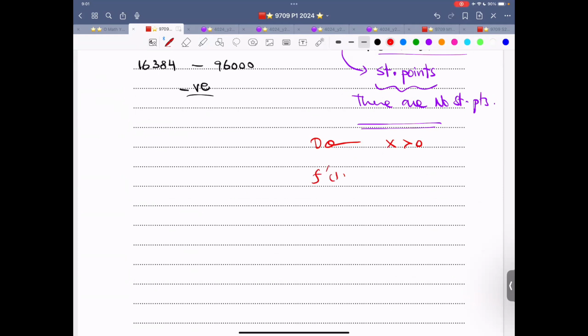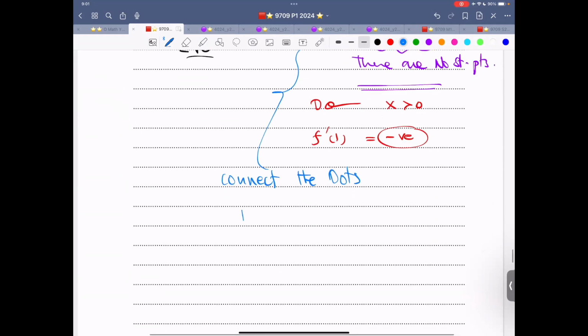F prime of 1 is negative 18. That means now connect the dots. So when we connect the dots, what do we get? We get there are no turning points and the slope is negative.